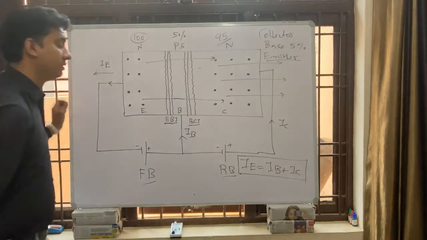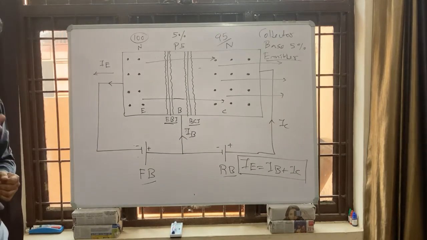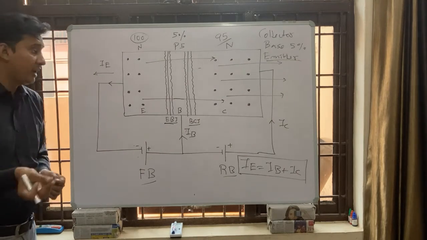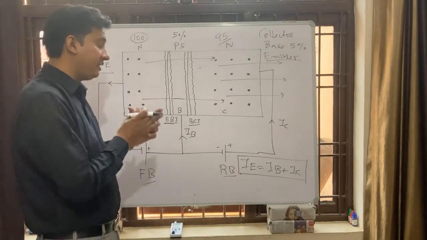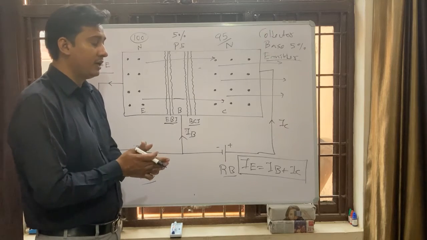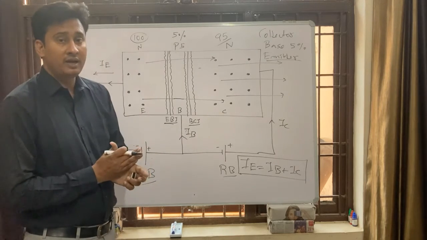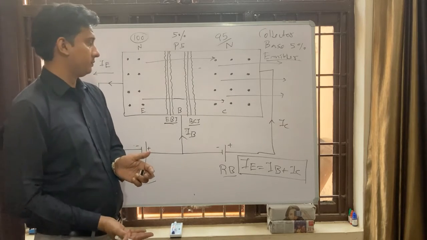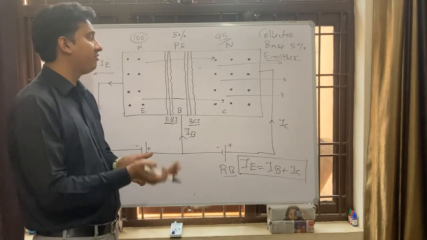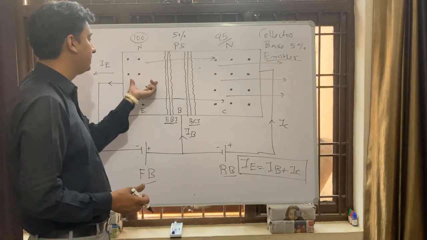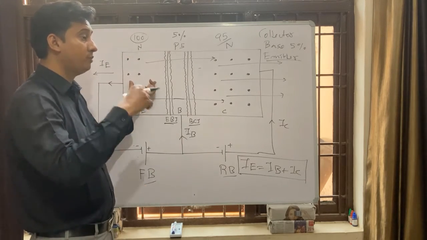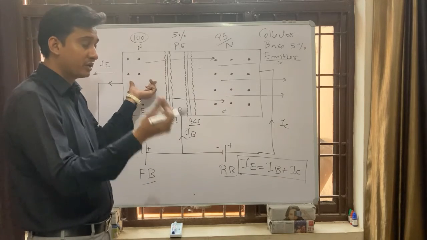Hence, this is the current equation in the bipolar junction transistor, and the entire working of the BJT is controlled by the current. That's why it is called a current controlled transistor, because the entire working of the BJT is controlled by the emission of electrons in the emitter, and the emission of electrons forms the emitter current.